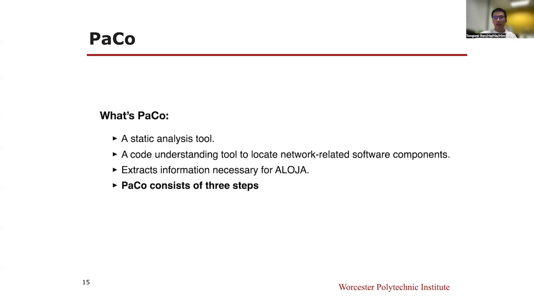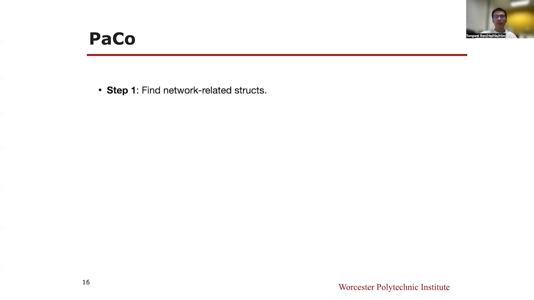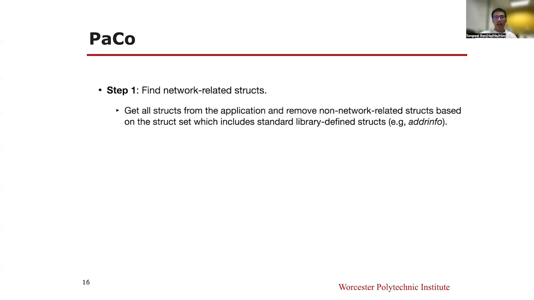Paco consists of three steps. First step, find network-related structs. Network-related structs refers to structs that are used to build or parse message packets. Paco first gets all structs from the application and removes non-network-related structs based on the struct set, which includes standard library-defined structs like address information.